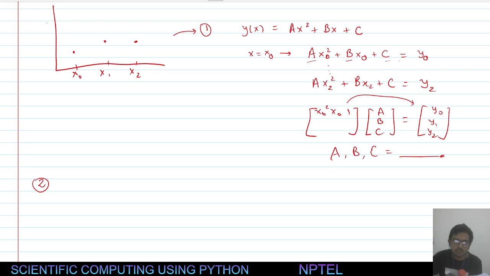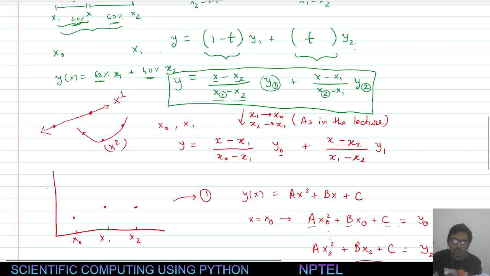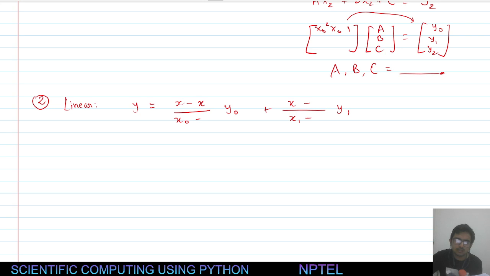Okay, but the other way was to use the symmetry and use this same kind of equation, but there will be other terms here. Okay, so for linear, let me write again. It was x minus something over x0 minus something times y0, plus x minus something over x1 minus something times y1, and these terms were other than 0.